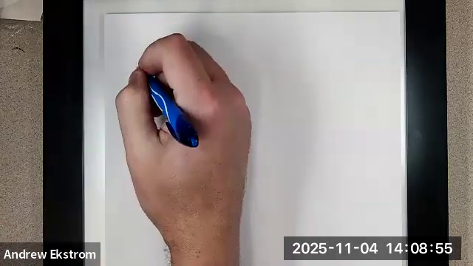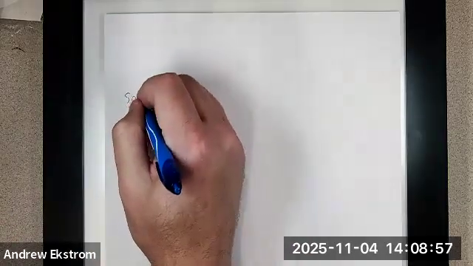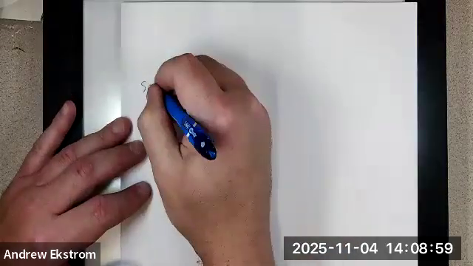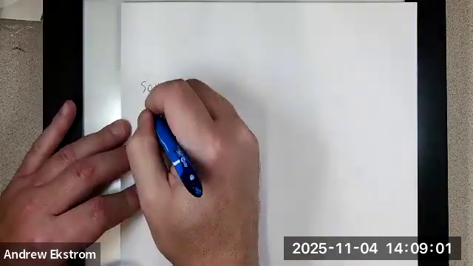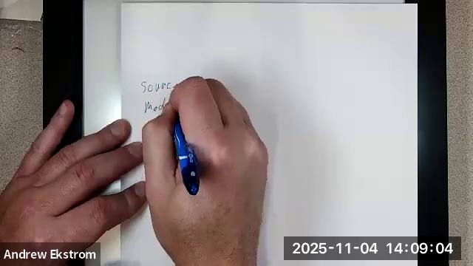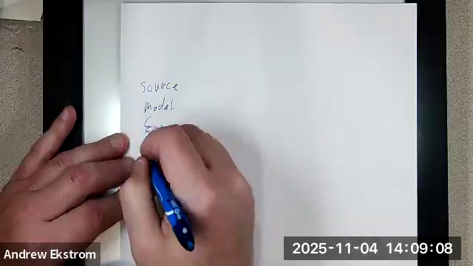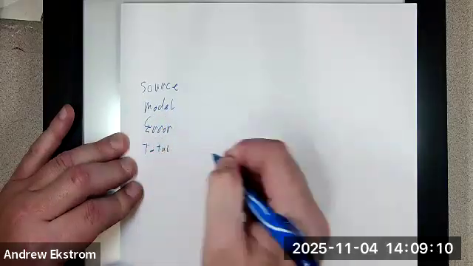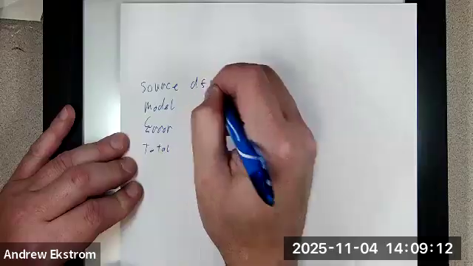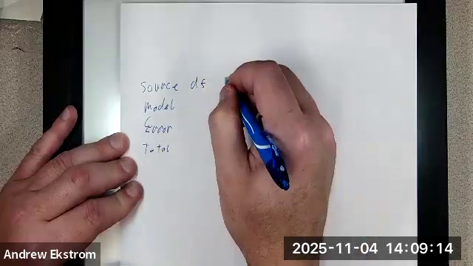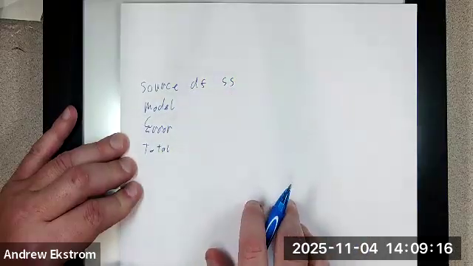So if we're doing an ANOVA table, where we've got, say, model, and then error, and total, and we've got these degrees of freedom here, and then we've got, say, the sum of squares over here.